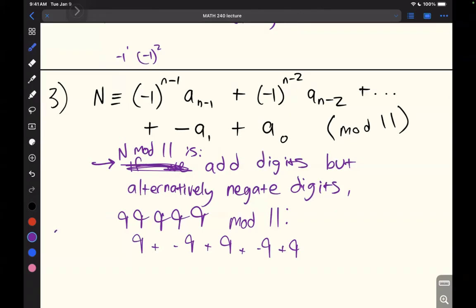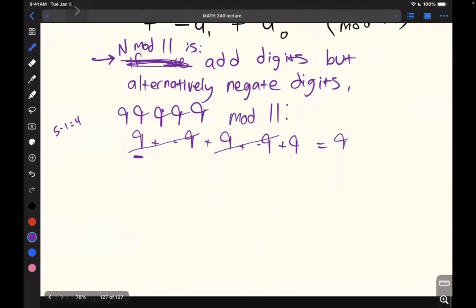We know that 5 minus 1 is 4, and so that tells us that this first 9 is not negative. Great news, this almost entirely cancels out. So that's nothing, that's nothing, that's 9 mod 11. Hooray, I didn't have to do all that math. All right, that's our mod 11 trick.